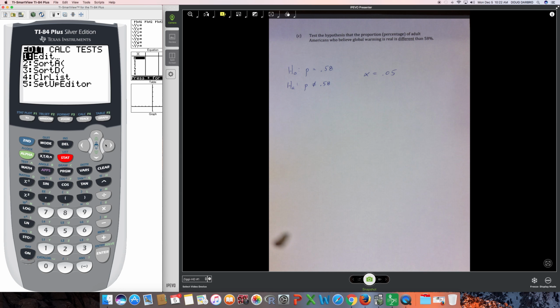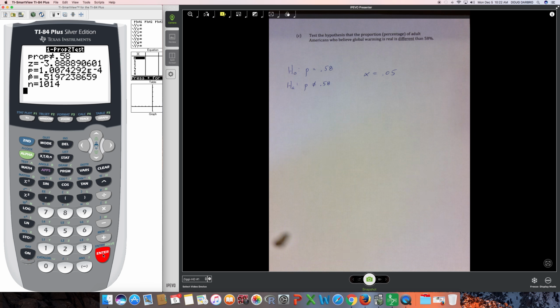Now you're going to see that the test statistic is going to remain the same, but our p-value is going to be different. So 0.58, same x, same n, but in this case we're going to do not equal to instead of less than, and calculate. Now guys, remember our old test statistic was negative 3.89, but our p-value was 0.00050. Well, that's going to change. Our test statistic won't, but our p-value will.